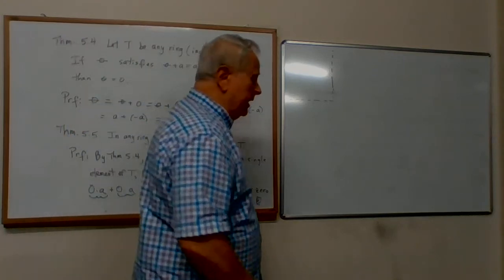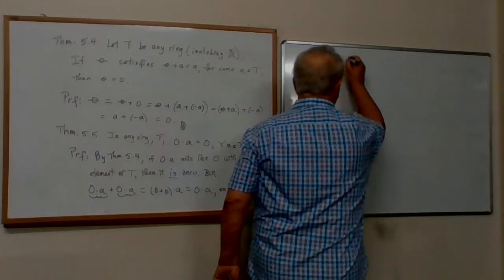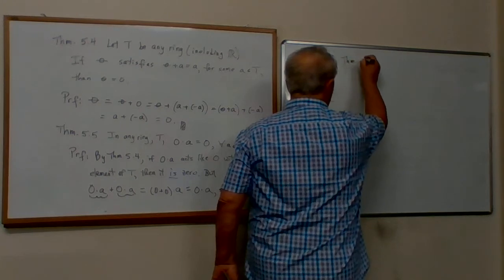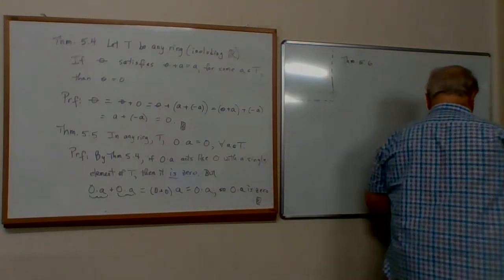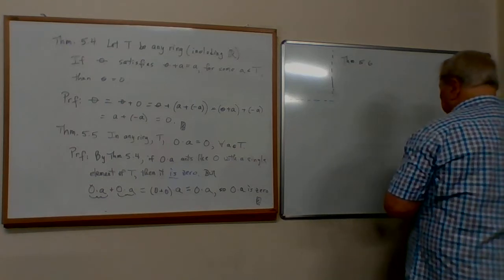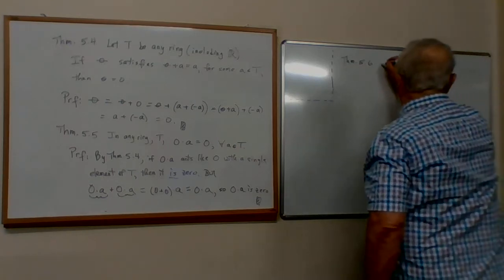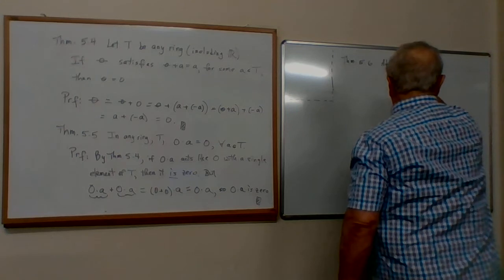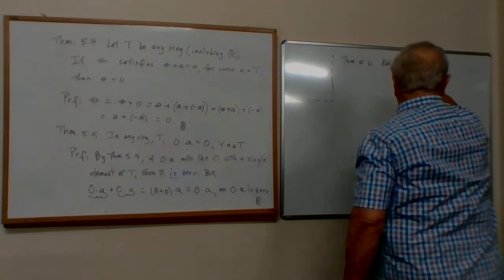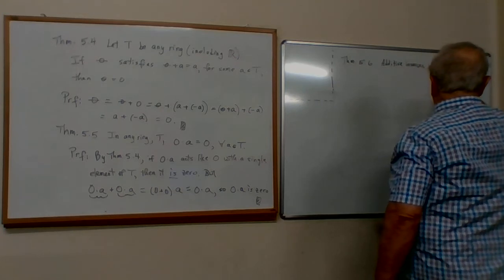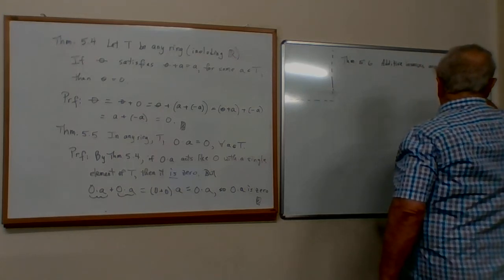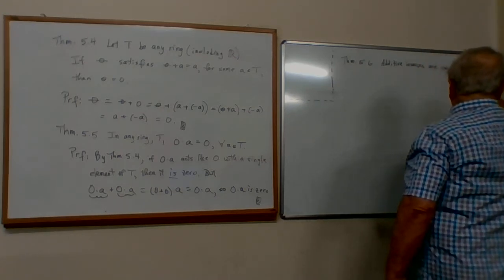Theorem 5.6. That seems like a logical place to go next. Additive inverses are unique. Now, what do I mean by that?